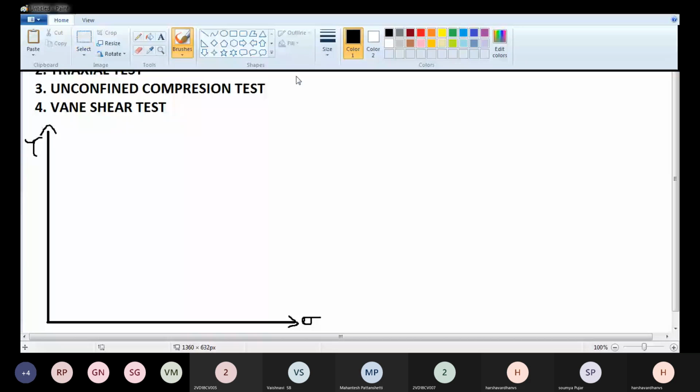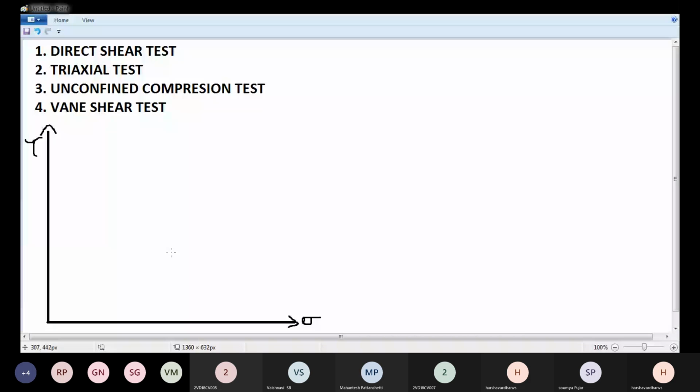And in direct shear tests, we are conducting 3 trials. For each trial, the normal stress is constant, and for that constant normal stress, we go on increasing the shear force, and we measure the failure shear force.